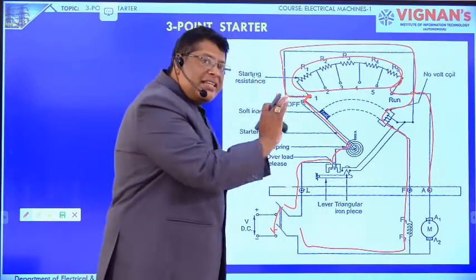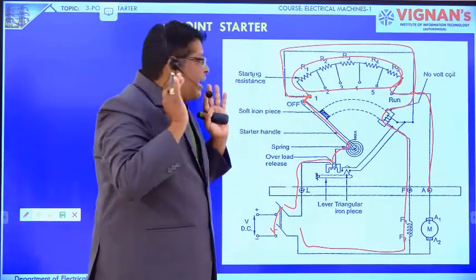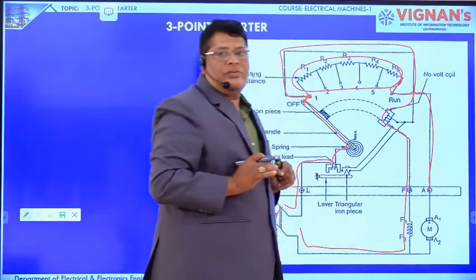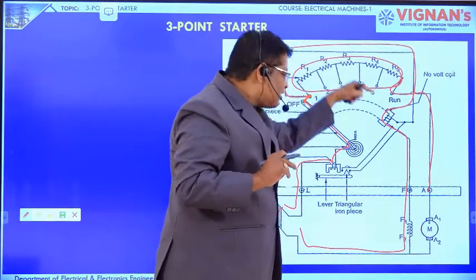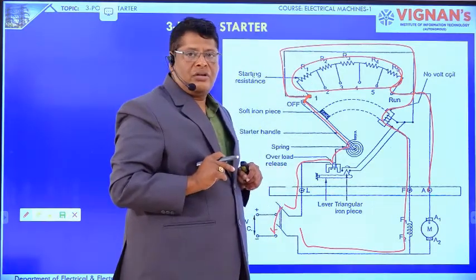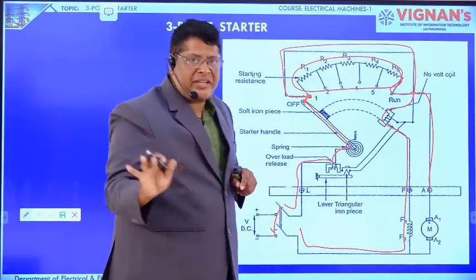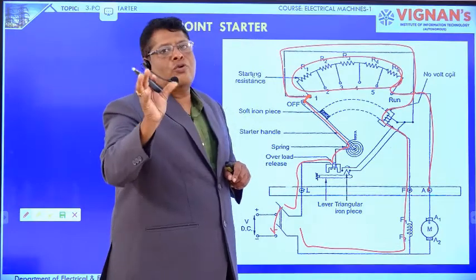The 3-point starter is adding an external resistance into the armature circuit at the time of starting. Whenever we add external resistance into the armature circuit, the starting current will decrease, so the motor will run slowly.